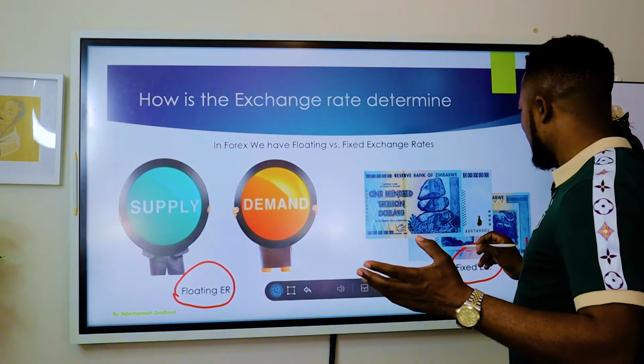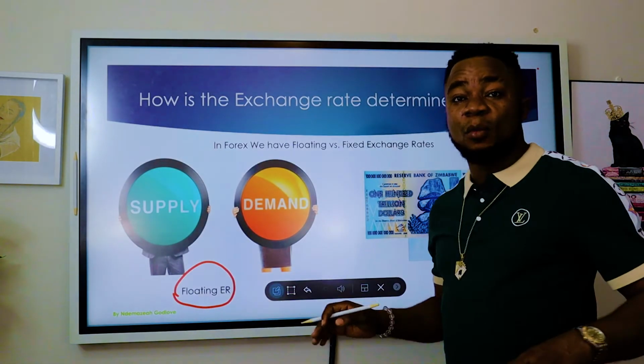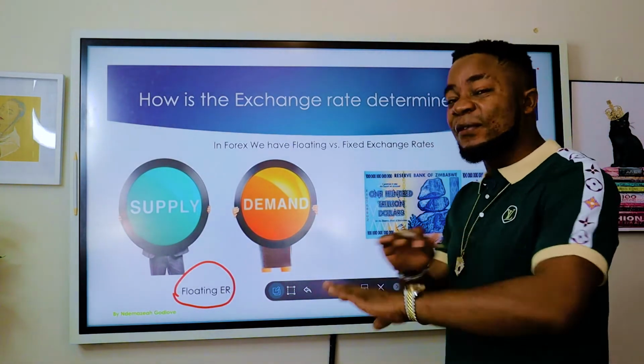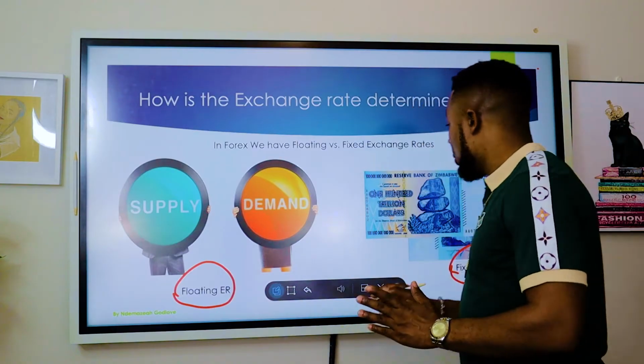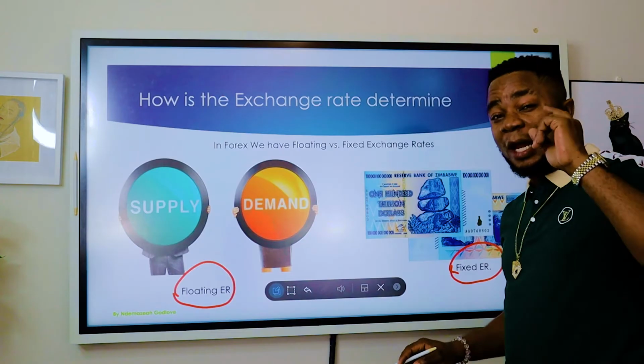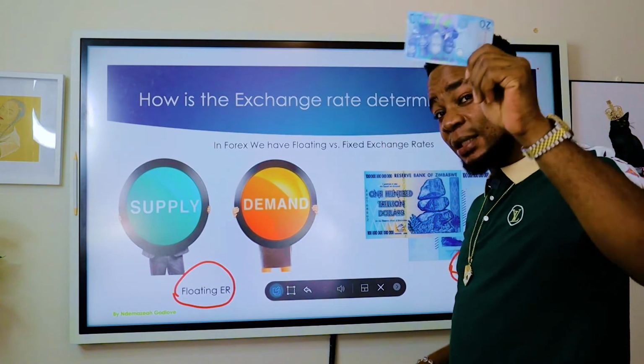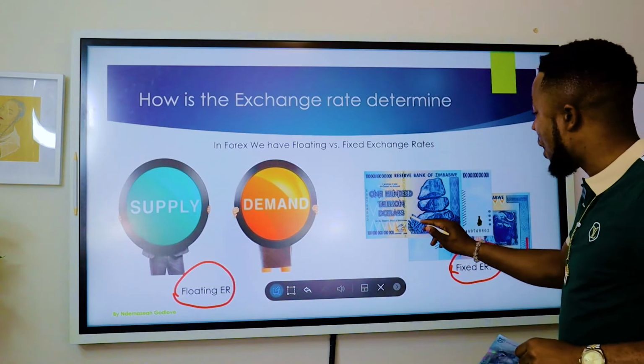I think it is the Zimbabwean dollar. This is the most inflated currency in the whole world, because you can even check here, we have $100 trillion on one note.